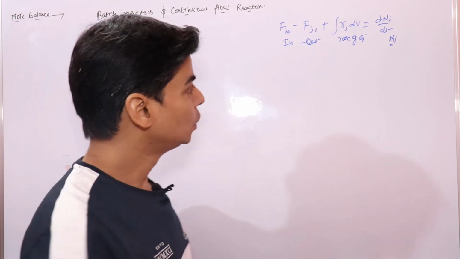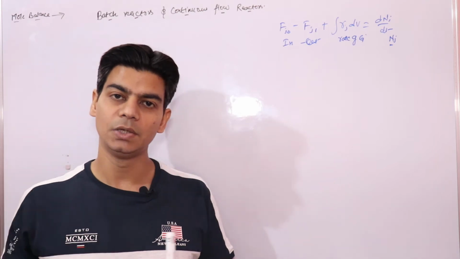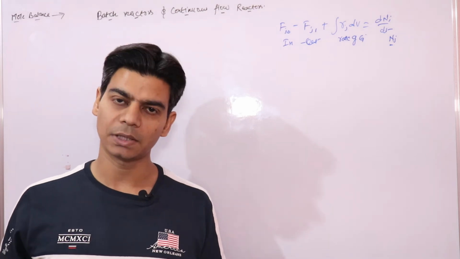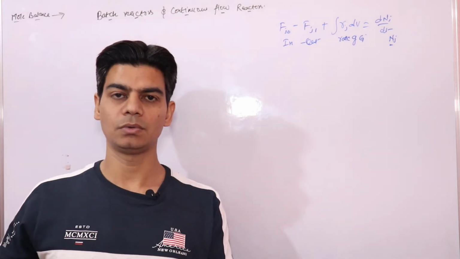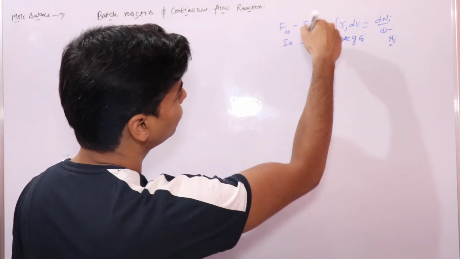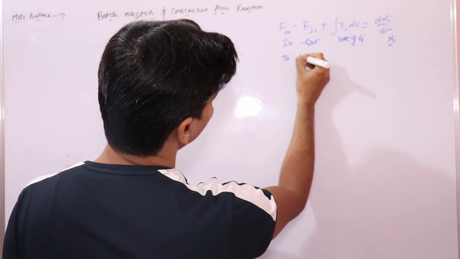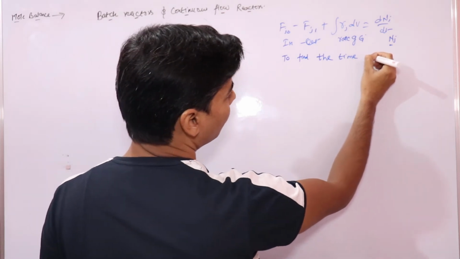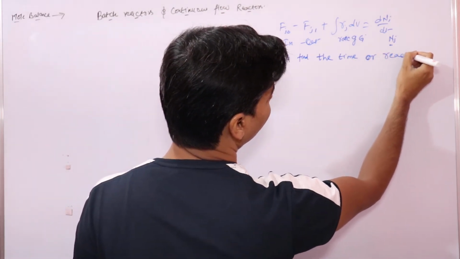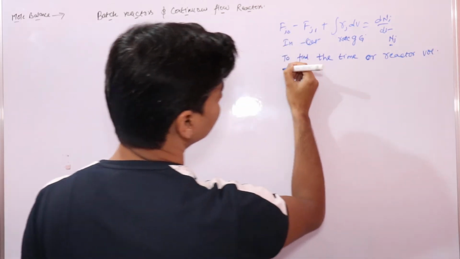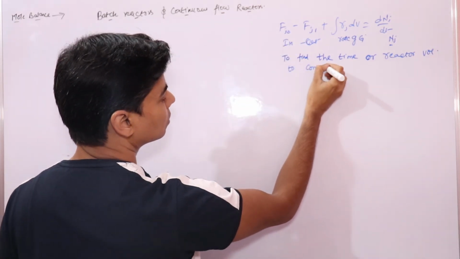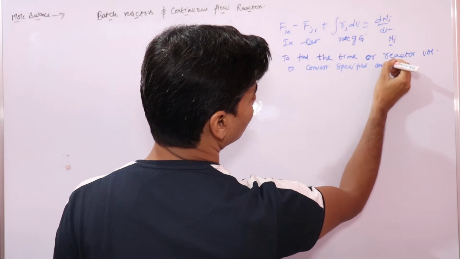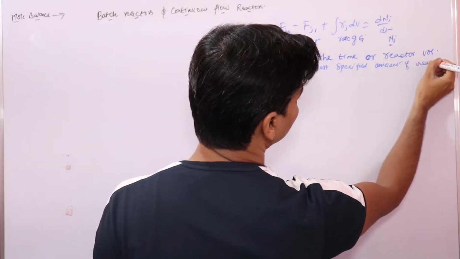And if you remember, using this equation what we basically do is we find the time or the reactor volume to convert a specified amount of reactants into products.